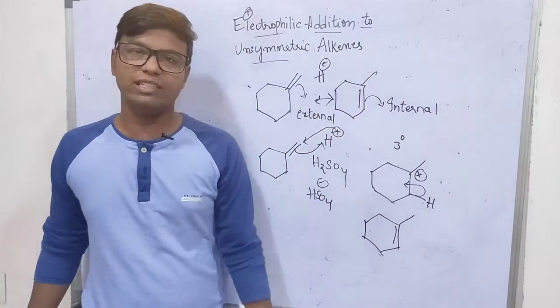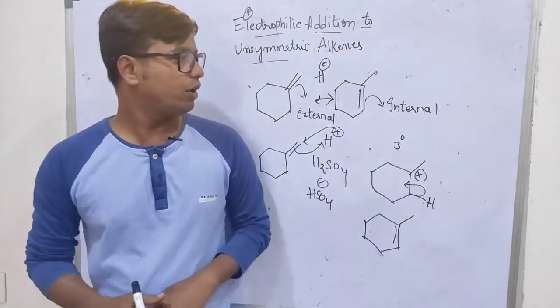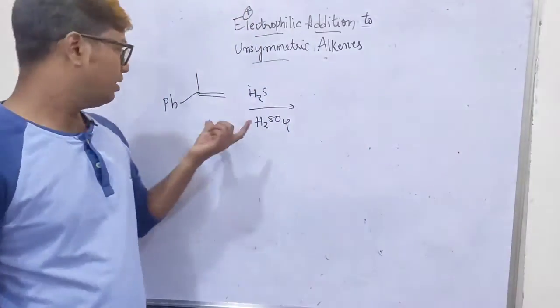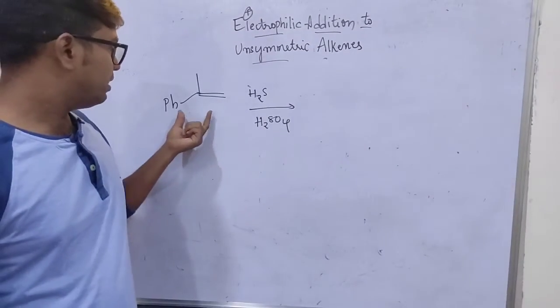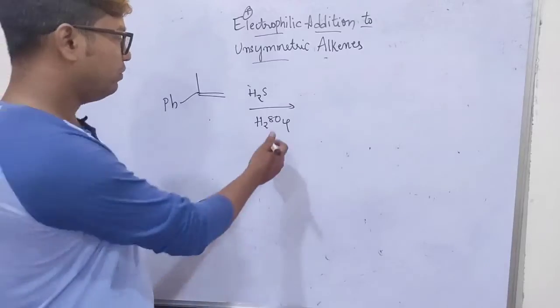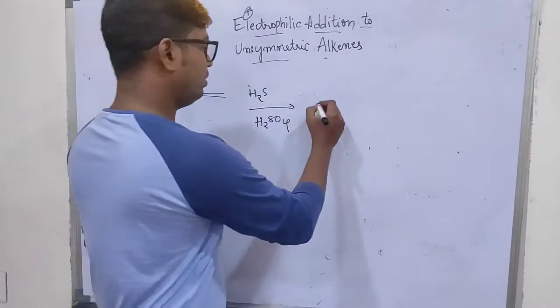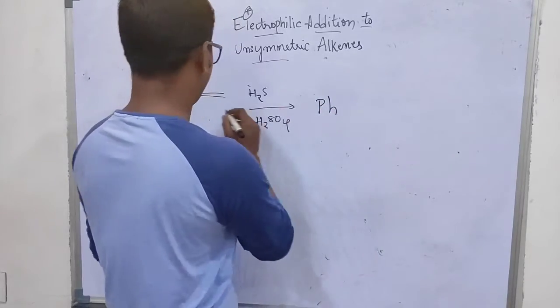So these are some examples where an electrophile is going to add on symmetrical and non-symmetrical molecules. See this beautiful example. They have given this reactant and the reagent like this. What would be the expected product? We know that whenever an acid is there, there is generation of a carbocation.